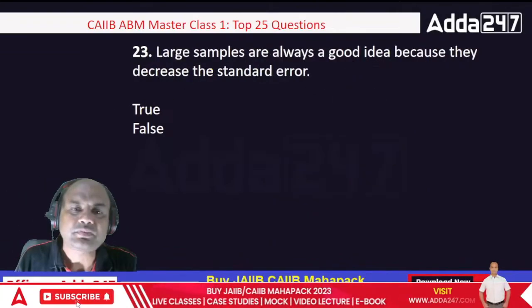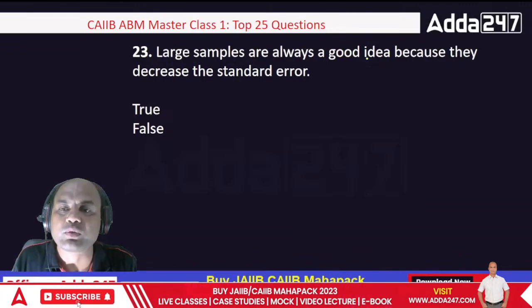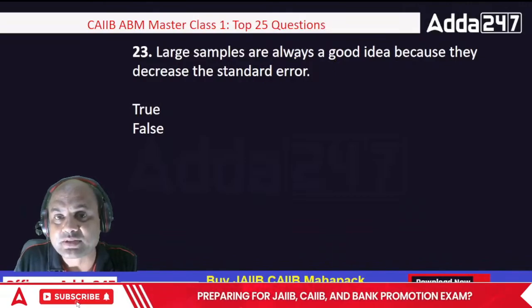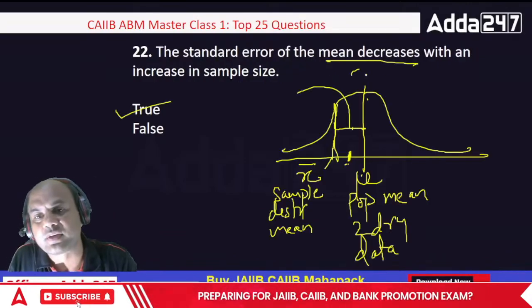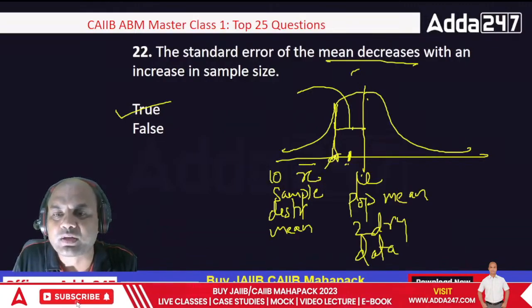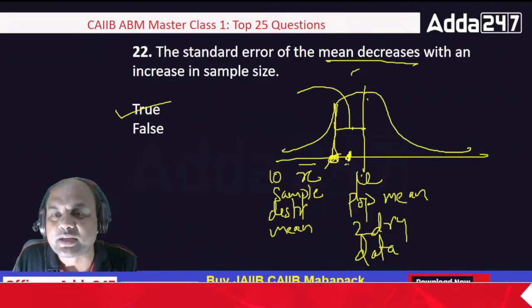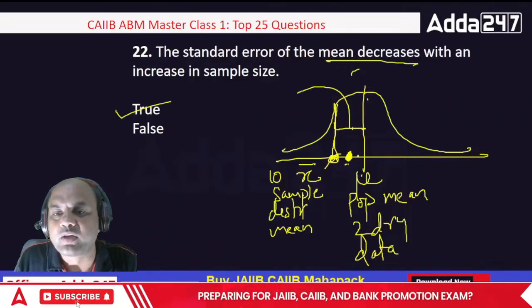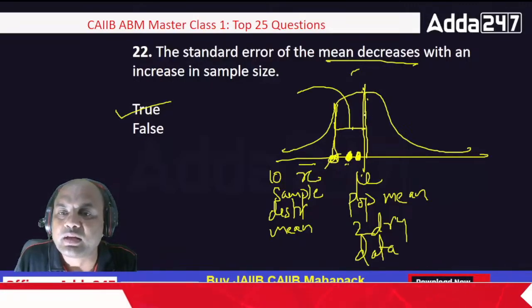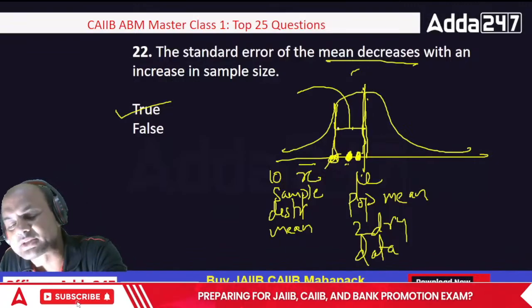Next one: large samples are always a good idea because they decrease the standard error. In this table, if I am taking 10 samples, I get the answer over here, but if I take 50 samples, I get the answer over here, and with 100 samples, over here. As I go on increasing the samples, it is always nearer to my population mean.